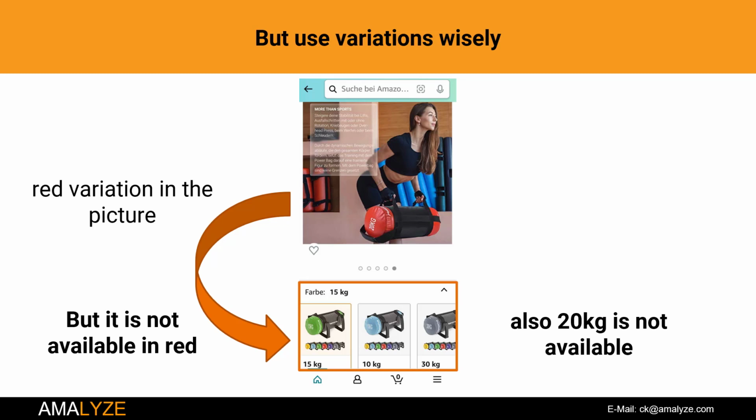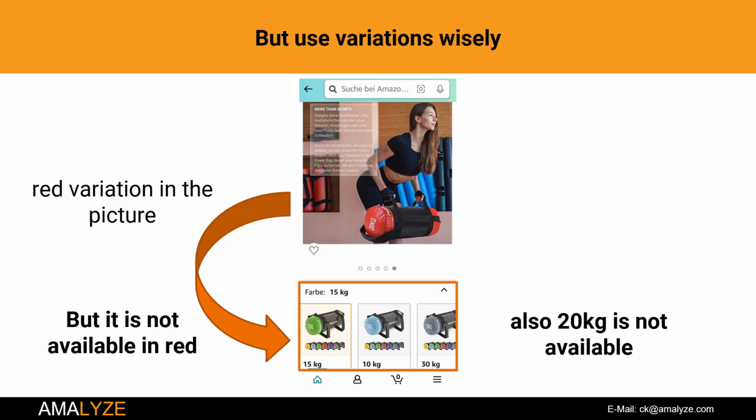Of course, with those swatch images, you maybe build up the interest of a customer like me for a red one, and when I start to search for a red one, it is not available. And secondly, the 20 kilogram on the picture from the green one isn't available at all. The variation with 20 kilo is not available. I'm really not liking that.